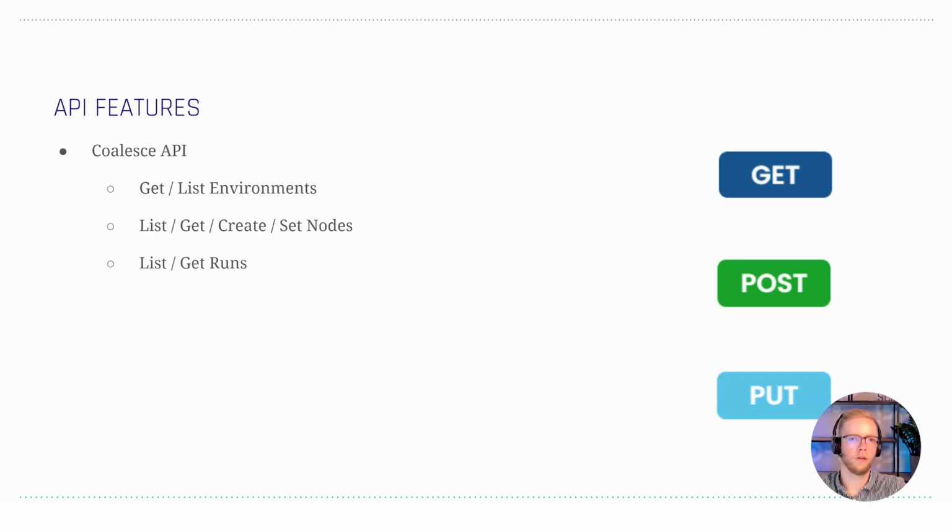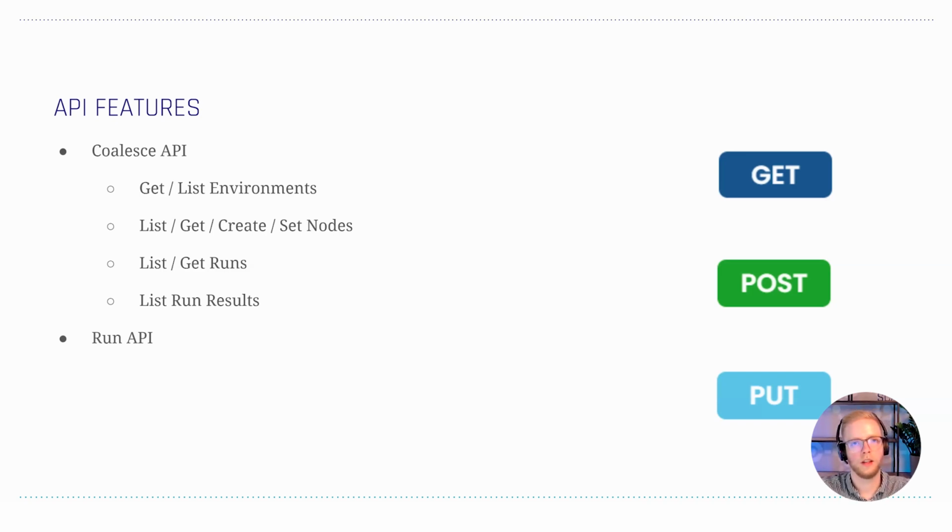Then you can get an overview of the executions and the runs in your environment, like what runs are active, all of them, or the details on a specific run. Also, the results of the run might be interesting for just knowing what's going on in your data warehouse. That's basically what you can do with the Coalesce API.